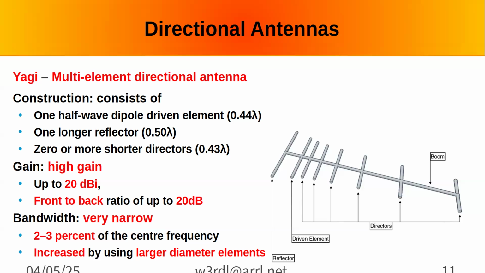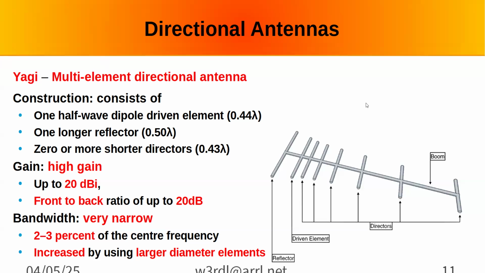So at some point, it just doesn't pay to have it that much longer, because each one of those additional ones increases the boom length a lot. And you got a mechanical issue of how do you support it? And usually you'll have the mast up above it, so you can have support wires down to the ends so it doesn't sag.